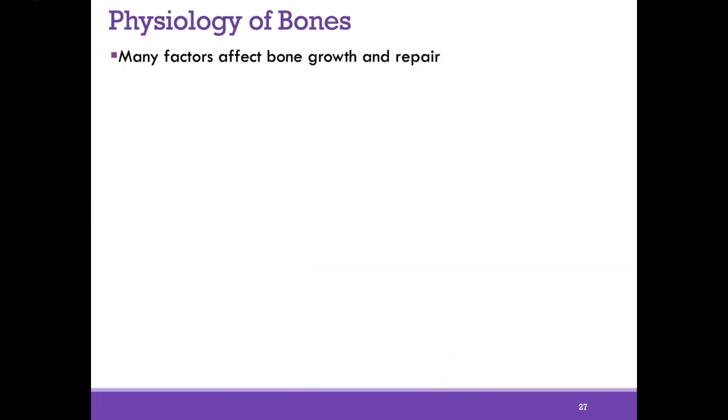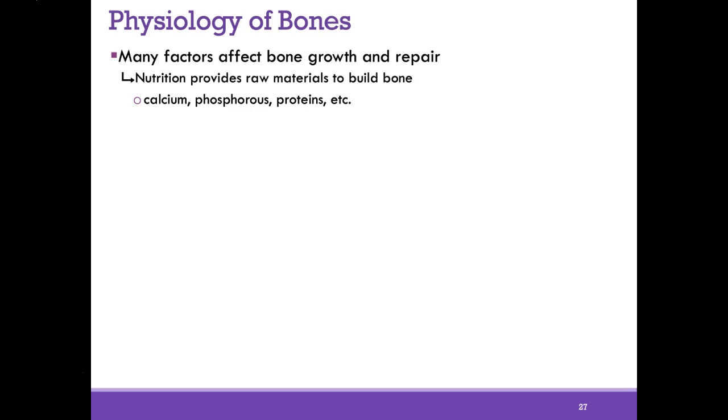There are many factors that can affect bone growth and repair. Nutrition, what you eat, provides the raw materials to build bone. The calcium, phosphorus, and proteins in your diet have a lot to do with how your skeletal system can be remodeled. Vitamin D promotes calcium absorption in the intestines.